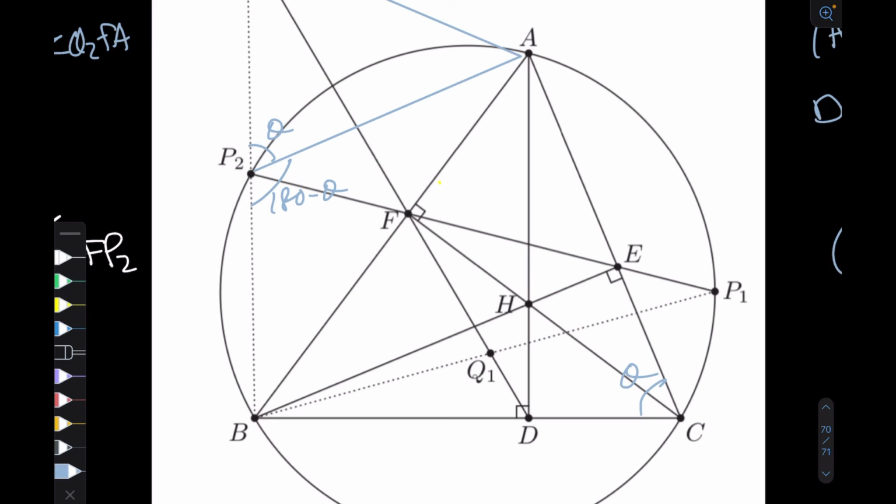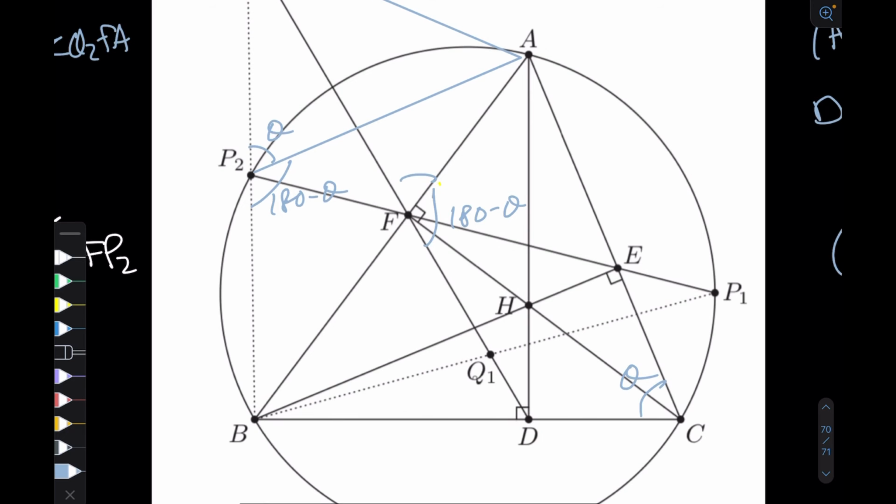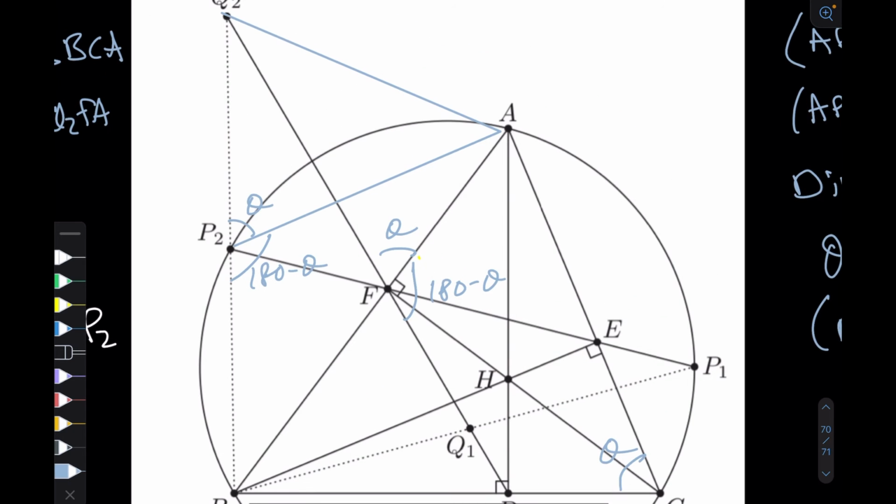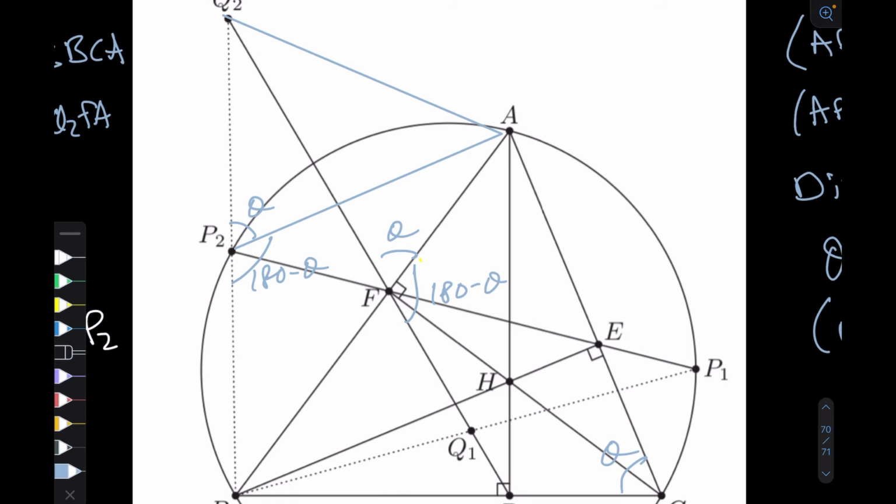And then since CDFA is also a cyclic quadrilateral, this must be 180 minus theta. In other words, this must be theta. So we proved that Q2P2A is the same as Q2FA. So we now proved that Q2P2F is a cyclic quadrilateral. Right? So now we would try to use this to prove that this is 180 minus theta, because that would imply that this is theta, which is what we want.